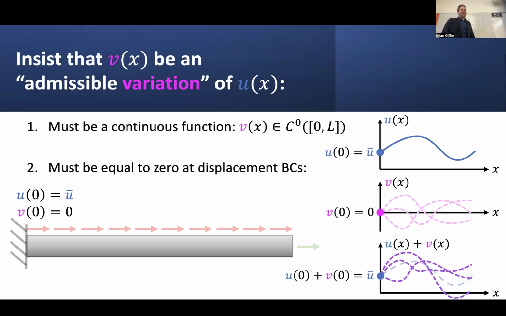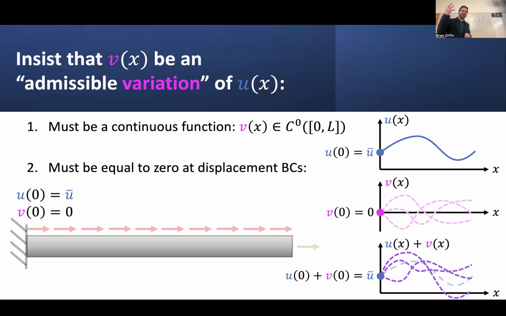If you remember, I said previously that these test functions, or virtual displacement functions, if you want to interpret them that way, had to be continuous functions and had to satisfy these extra homogeneous essential boundary conditions. Anywhere that we were prescribing the displacement, let's say a constrained support, we also insisted that our virtual displacement field at that same point had to be equal to 0.